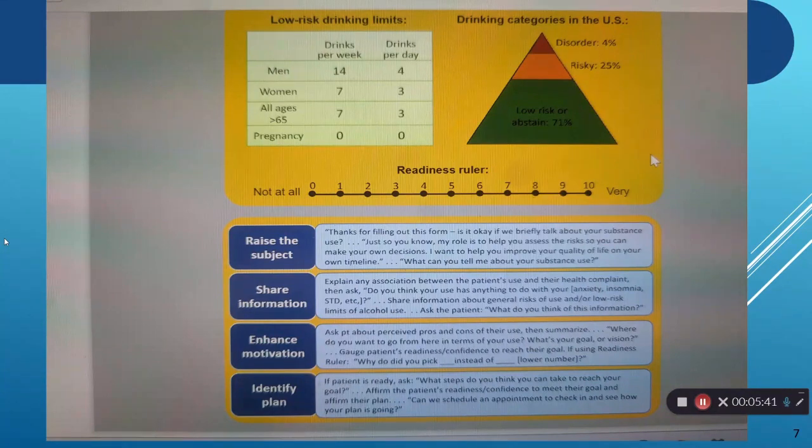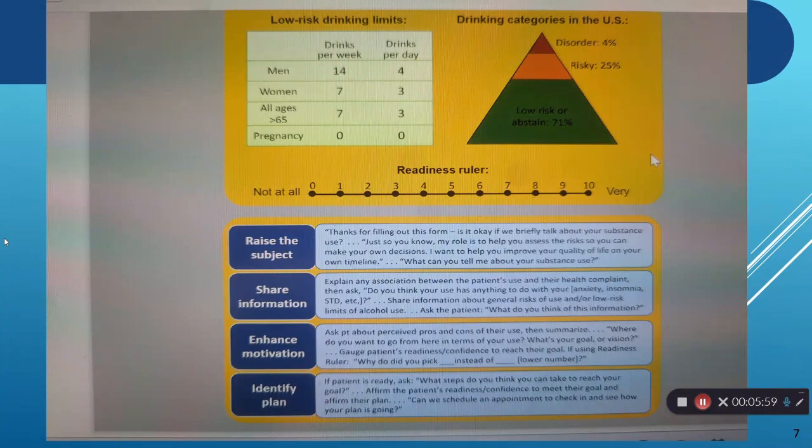If it's insomnia, depression, or anxiety, you can increase those mental health issues, or increase health issues such as cardiovascular risk, cardiovascular disease.